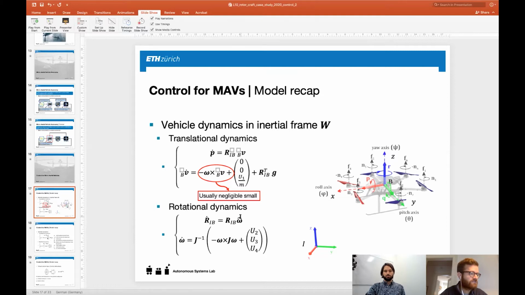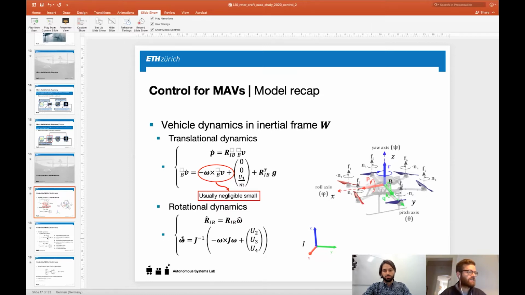This hat in here stands for making the angular velocity into a skew symmetric matrix. So this here is also the time derivative of the matrix that gives us the rotation from the body to the inertial frame.